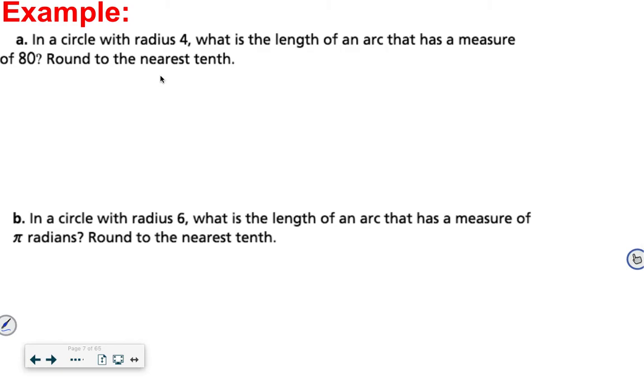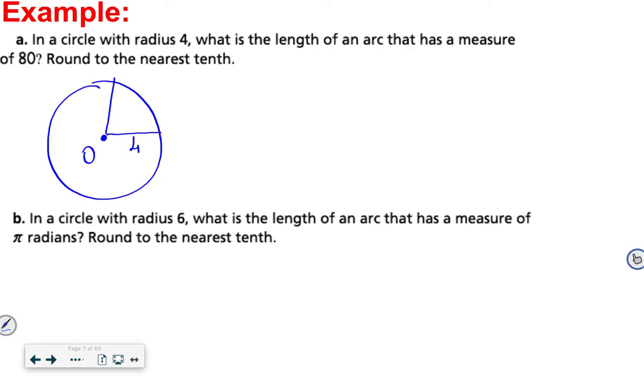Alright, in this question we are going to find the length of the arc. In a circle with radius 4, let's draw a circle first. Let's say that this is the center O and this is the radius 4. In a circle with radius 4, what is the length of an arc that has a measure of 80? So let me graph an arc.